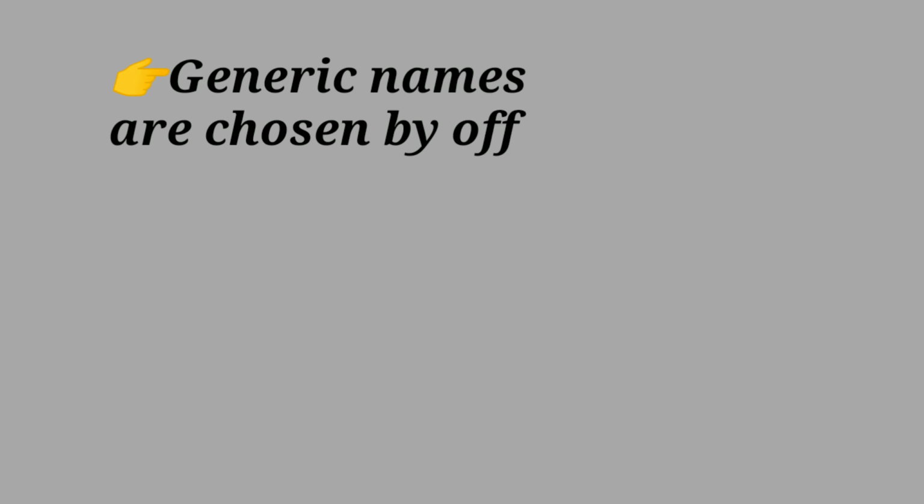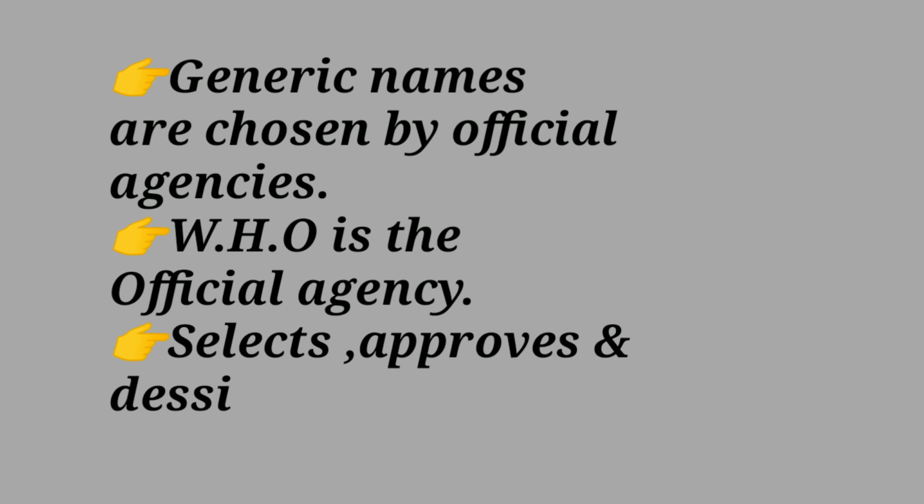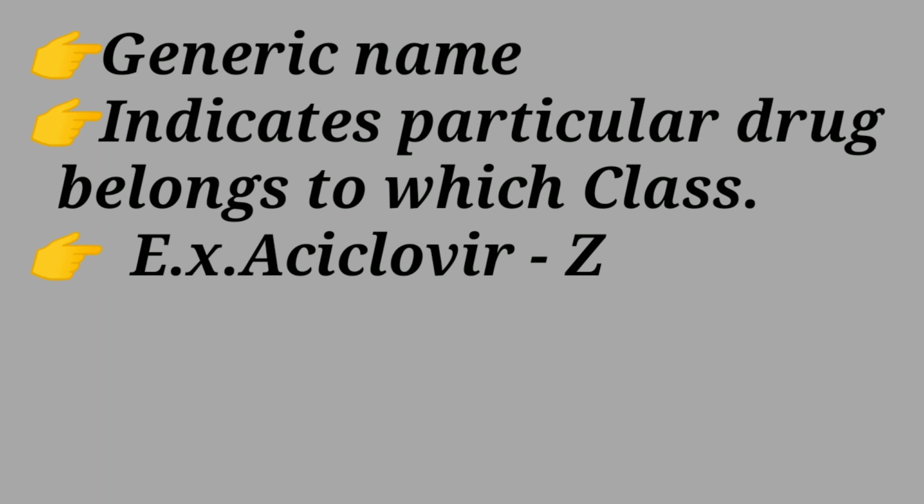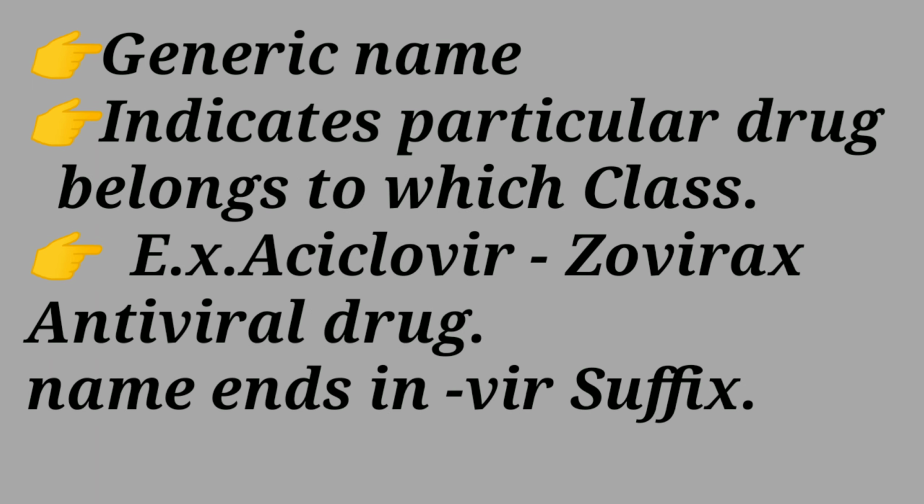So students, generic names are chosen by official agencies. However, the World Health Organization is the official agency that selects, approves and disseminates the names of the drugs. Just remember, the generic name indicates which class the particular drug belongs to.